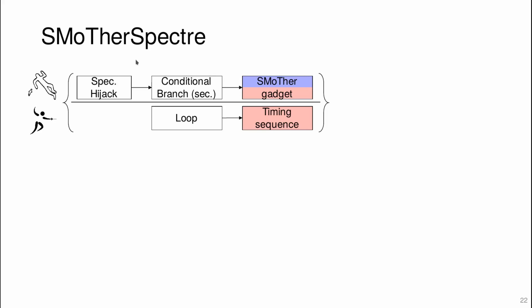This hijack leads the victim to execute the conditional branch that I discussed before, depending on the secret. And based on the secret, different port contention is generated. And the attacker, on its side, is just in a loop gathering timing information.